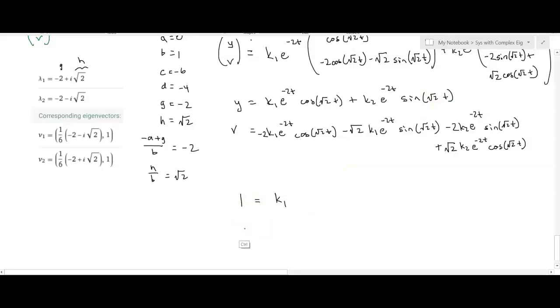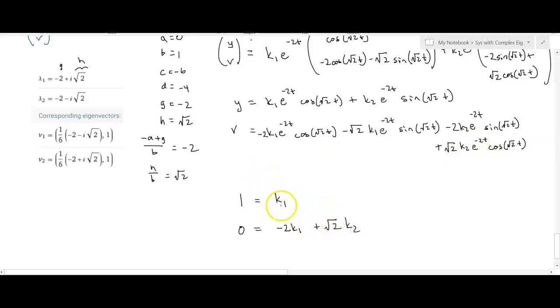The initial condition for v is 0. So if we plug in 0 for the sines, those are all going to be 0. So these two terms here will cancel out. And we'll only have the first and the last term, which will be negative 2k1. Again, e to the negative 2 times 0 is 1. Cosine of 0 is 1. And then the last term here will be plus the square root of 2k2.